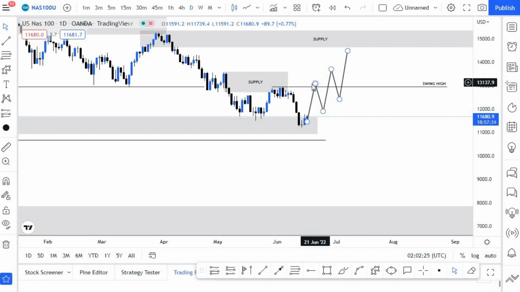So you have to see the first move, and then the second move. After the second move, a new higher high than the previous high is being created.